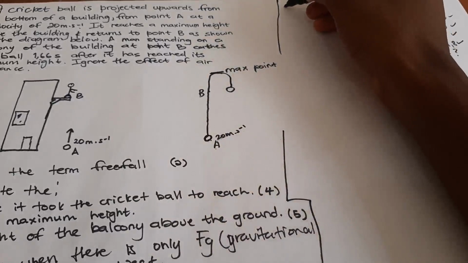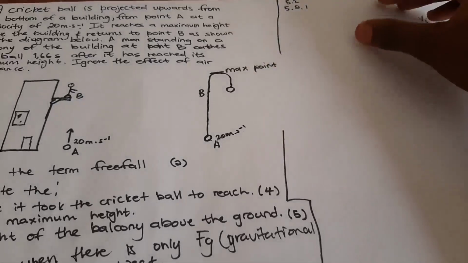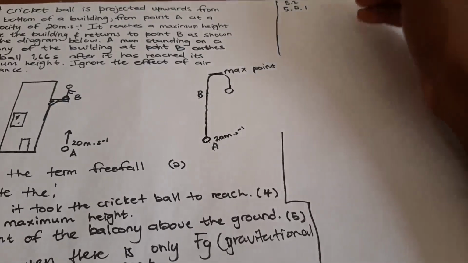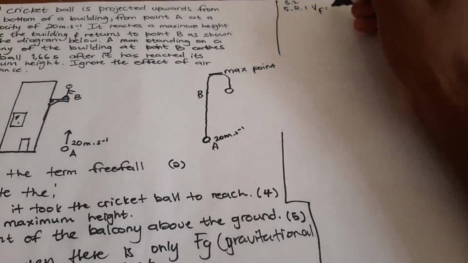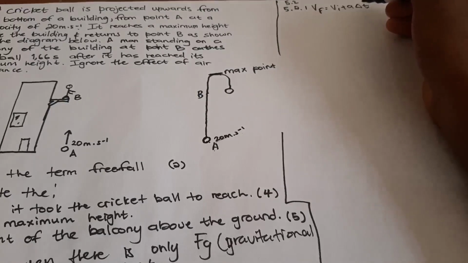Answering 5.2.1, which is 5.2, right? Hope everyone can see. So we're going to use the straightforward formula, which is VF equals VI plus A change in time.